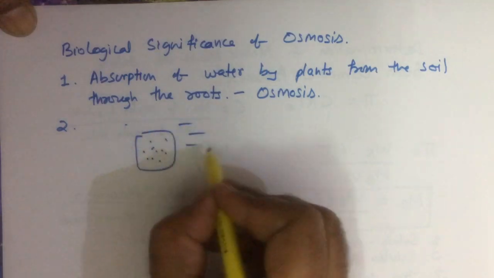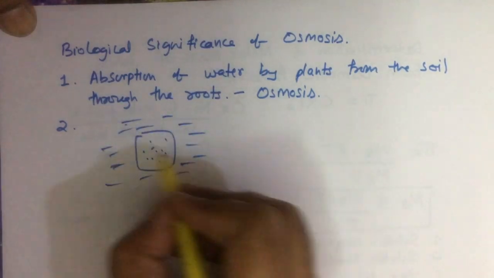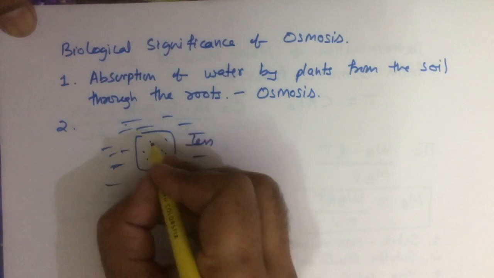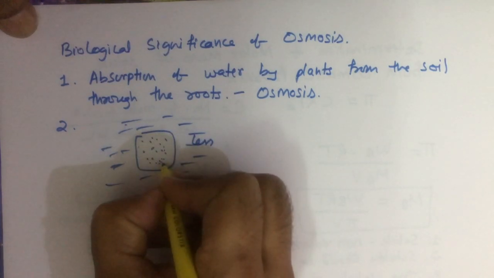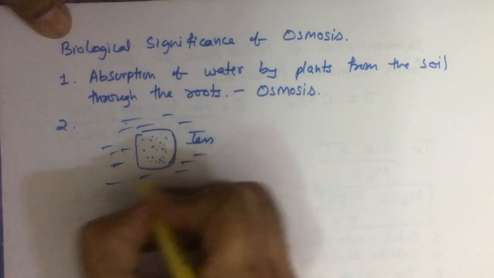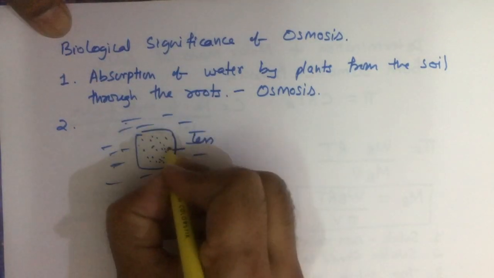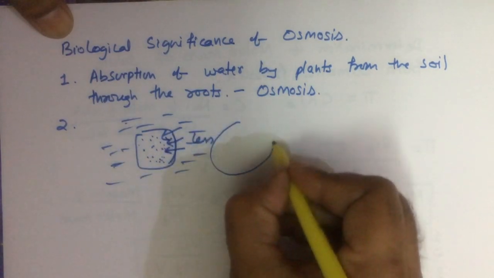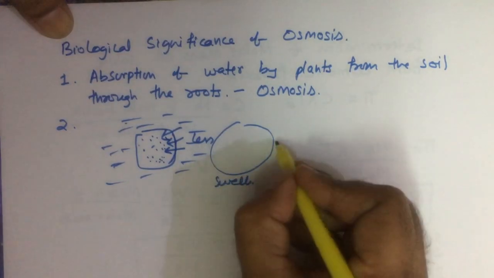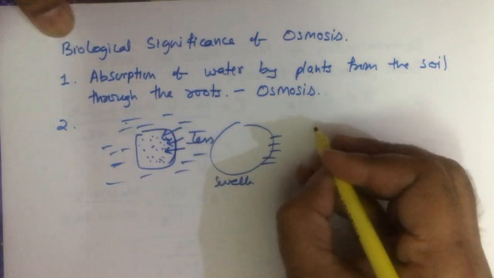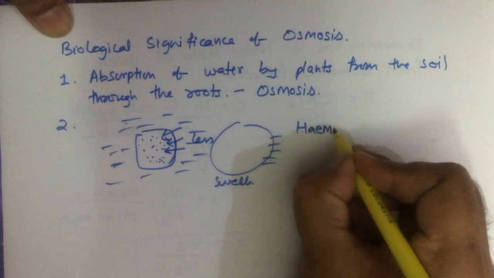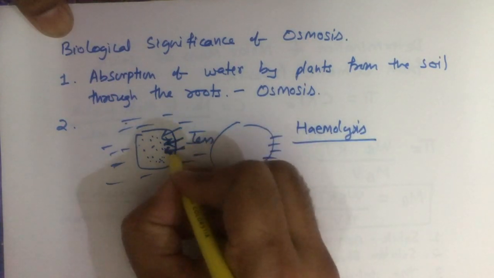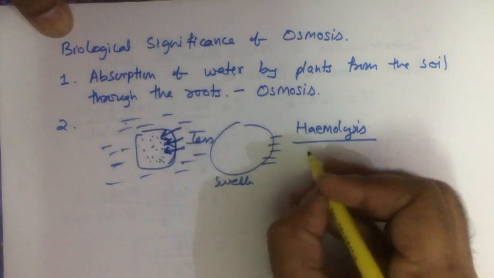Now, when it comes in contact with the medium, the concentration of medium is less, it is more dilute, or suppose it is pure water and the concentration of solute inside the cell is more, then the cell membrane is a semi-permeable membrane and the water tends to enter the cell, and as a result the cell swells up and eventually bursts, and this process is called as hemolysis.